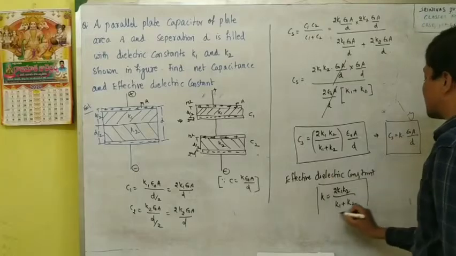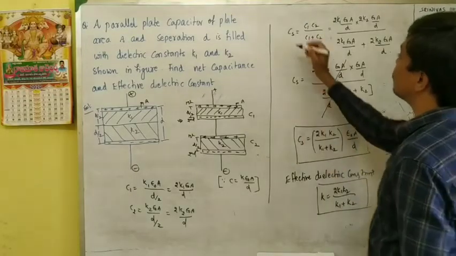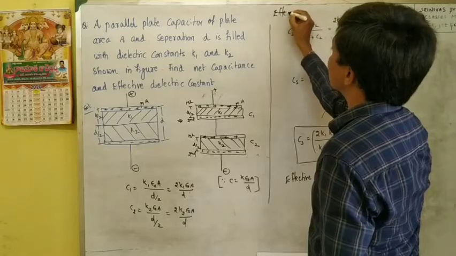This is the effective dielectric constant, and this is the effective capacitance.